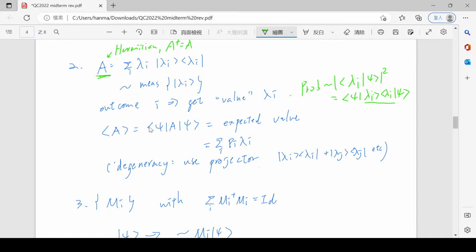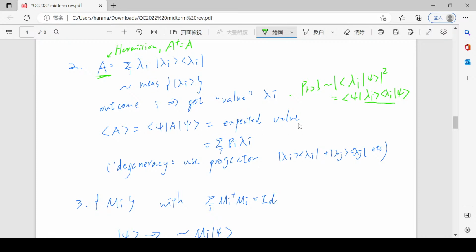And we have proved that the expectation value will be this inner product of A and psi. So you sandwich A with this bra psi and the ket psi.